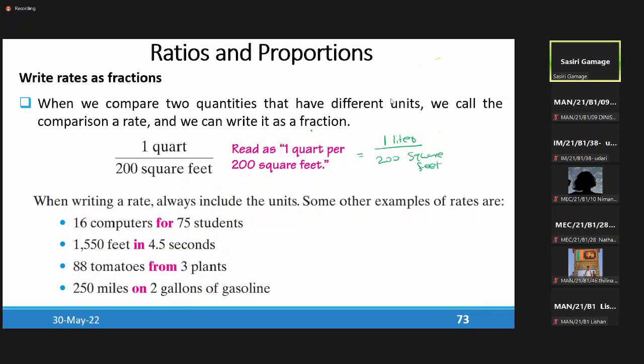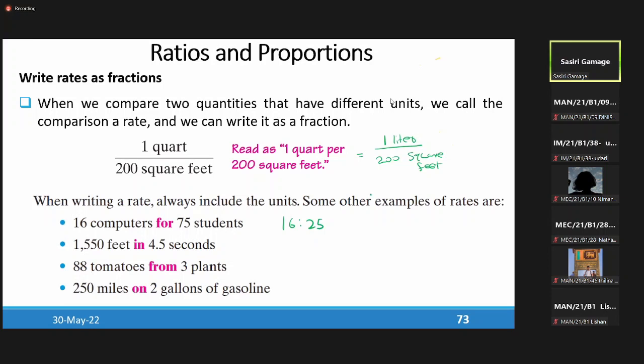Then here we have a few other examples as well. Here you can see 16 computers for 75 students. What does that mean? There are 16 computers for 75 students.